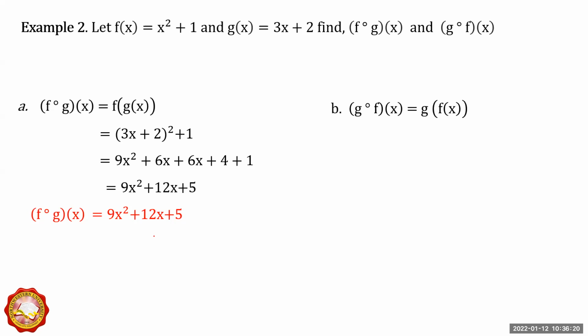While if you're getting the G circle F, you'll be able to get the answer 3x squared plus 5. Okay?